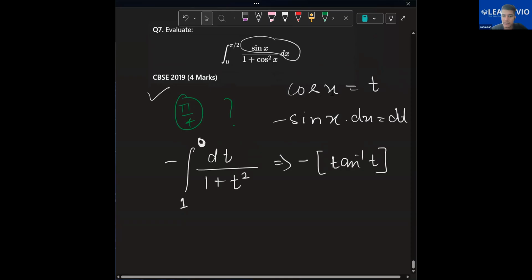और अगर आपने ये लिमिट्स t के फॉर्म में चेंज कर दी, like if you put 0 here then you got t equals to 1. I have written here 1. If you put x equals to pi/2 then I got t is equals to 0.